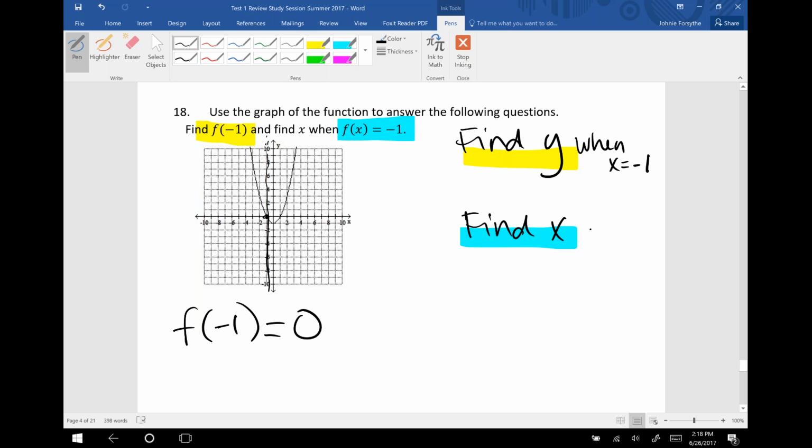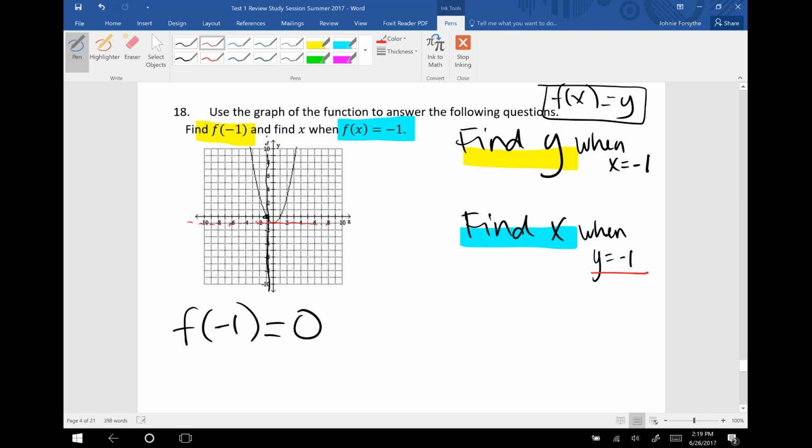Okay, let's look at this next one. This is saying find x when y is -1, because f of x equals y. That's what function notation kind of means. So we're going to go to when y equals -1. That's right here.